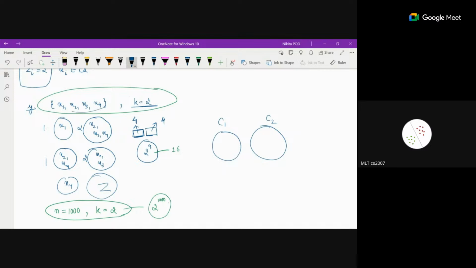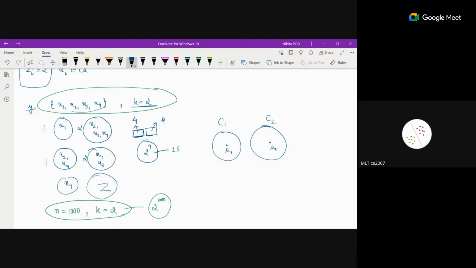Okay. So, the thing here is that if you have the data sets and they are assigned to these clusters, then for the first cluster, let's say the mean is mu1. And for the second cluster, let's say the mean is mu2. Okay.